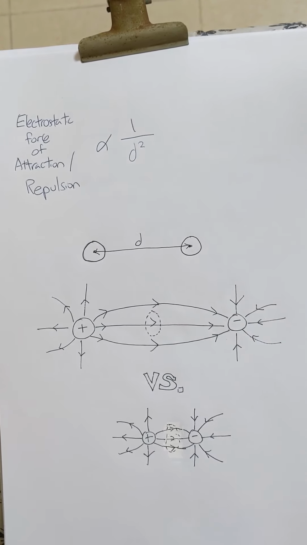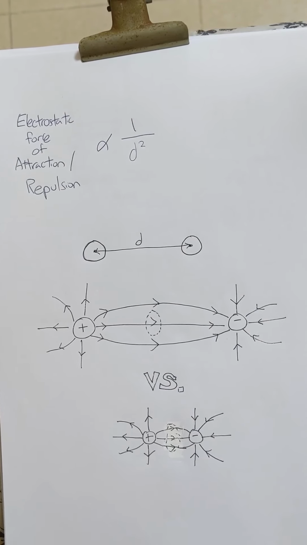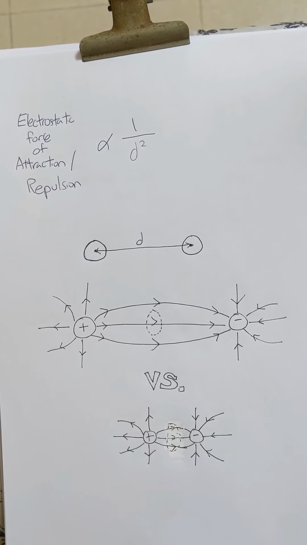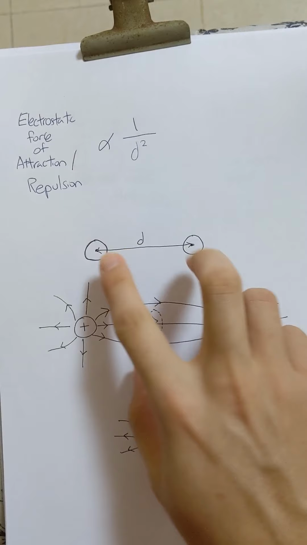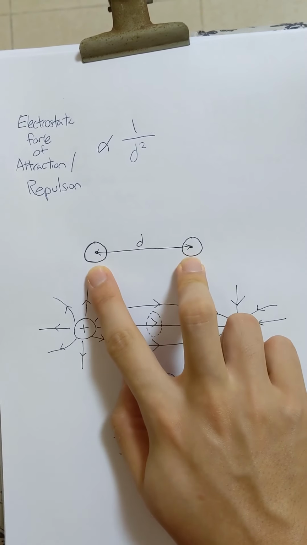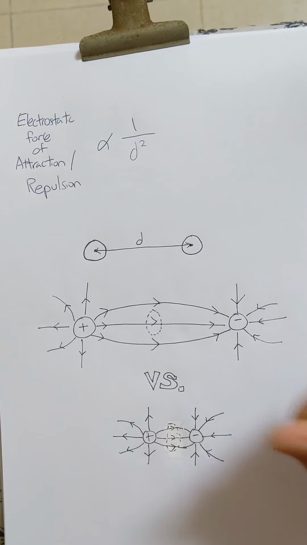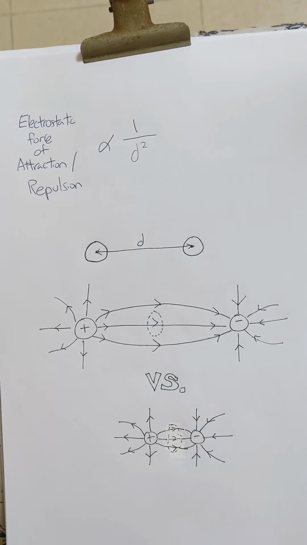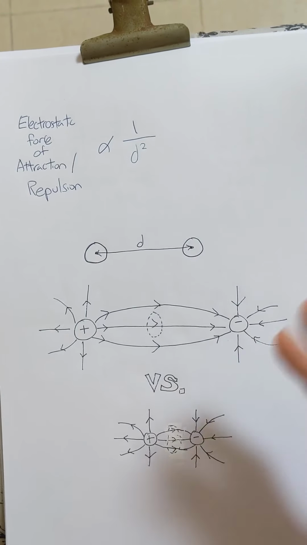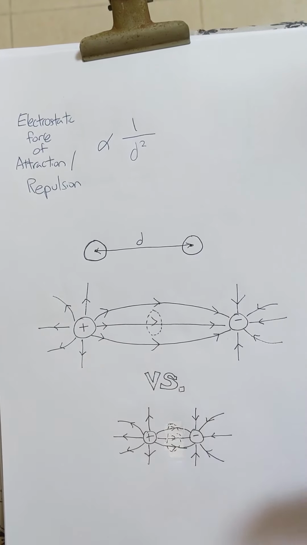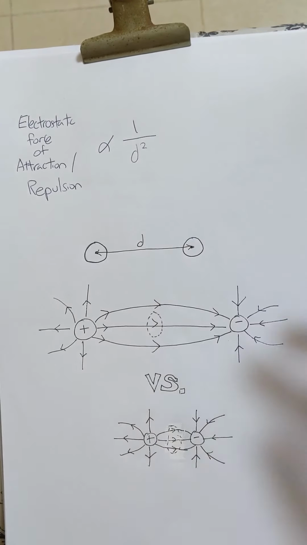When we talk about electrostatic force, we are curious and want to measure how strong that particular force is as well. So generally, there's a rule of thumb that we should know. The magnitude of the electrostatic force is inversely proportional to the square of the distance between them.